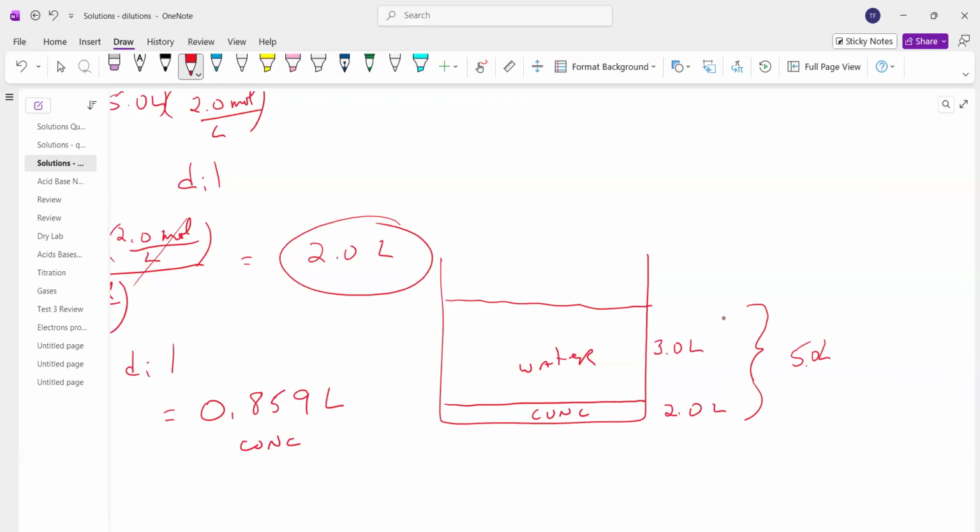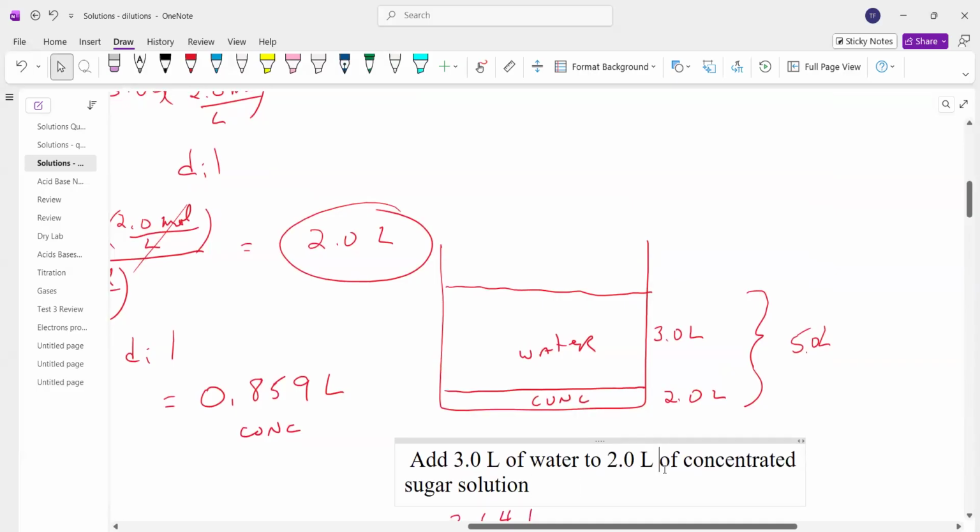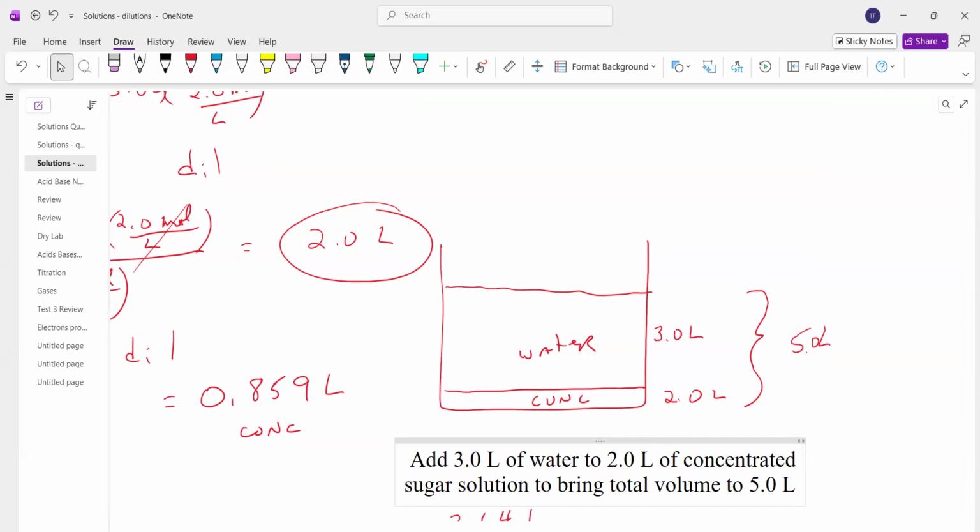Now we have 5 liters of 2 molar concentration. So those are the directions.